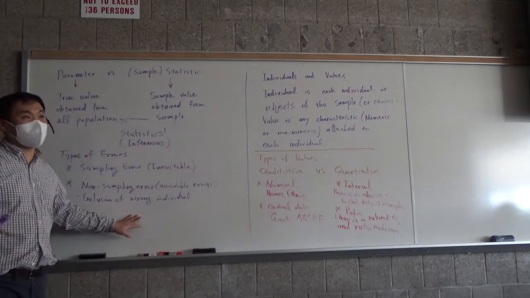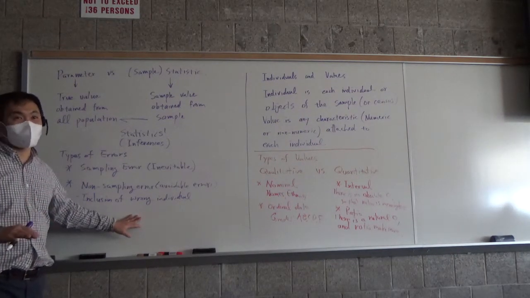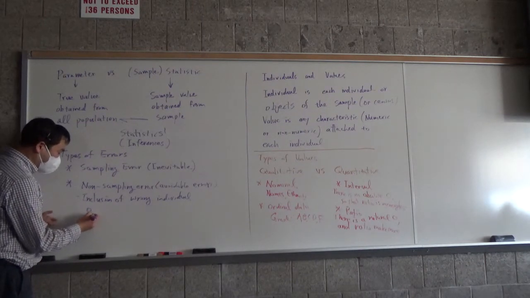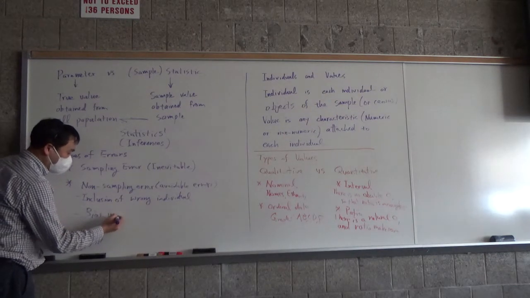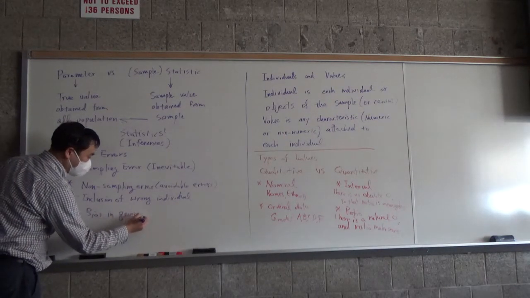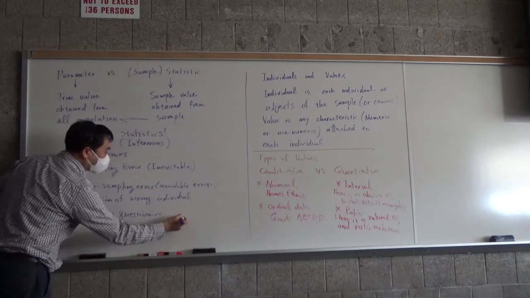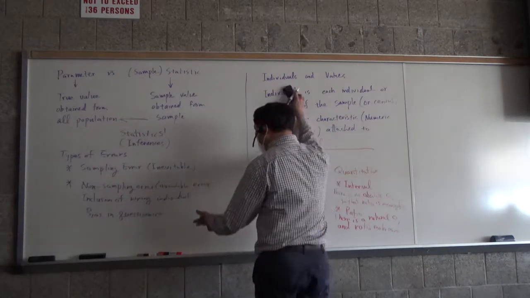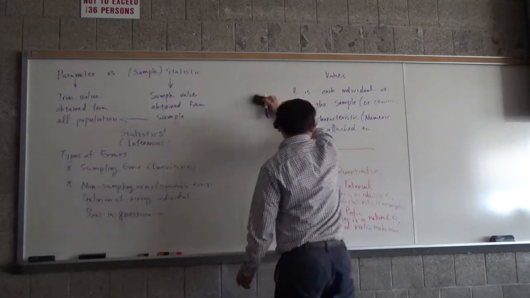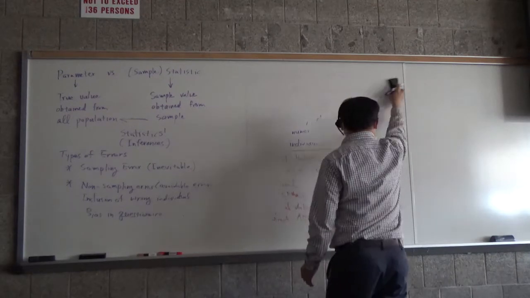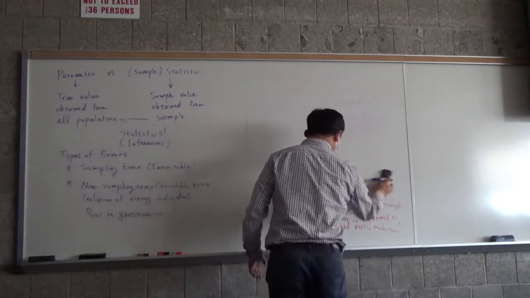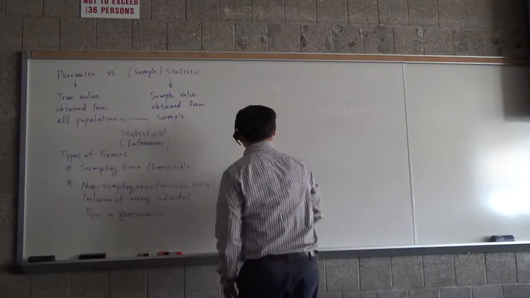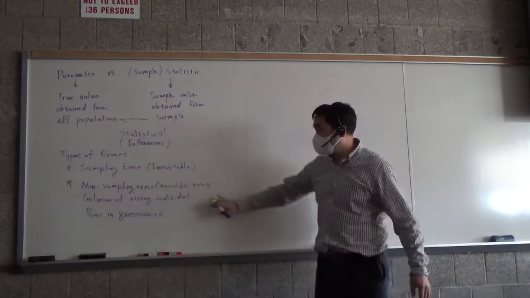So it could be some bias in the questionnaire, and a lot of different things. Okay, so there are some non-sampling errors that you have to look out for, and because it is possible to avoid this type of error, you should try to avoid non-sampling error at all costs.